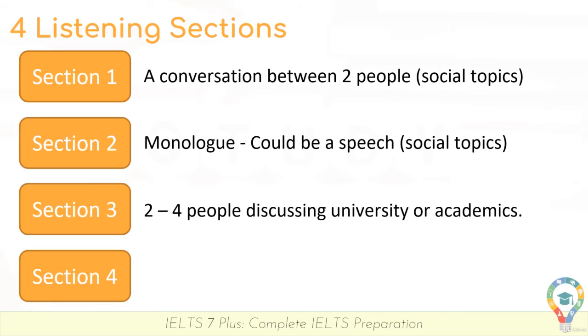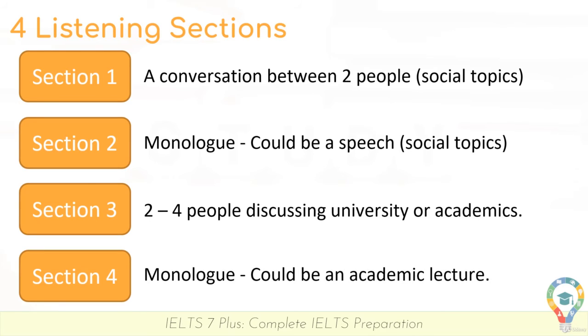It may be that they're arranging to practice and study something together, or something along the lines of studying. In the final section, you will hear another monologue, which, as I'm sure you'll remember, is one person speaking. This will usually be around something to do with a university or academic lecturer.